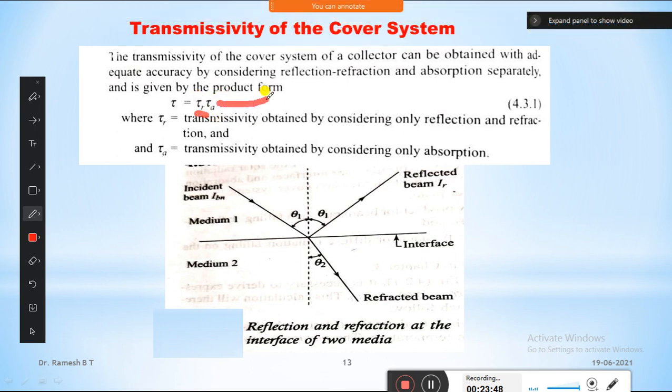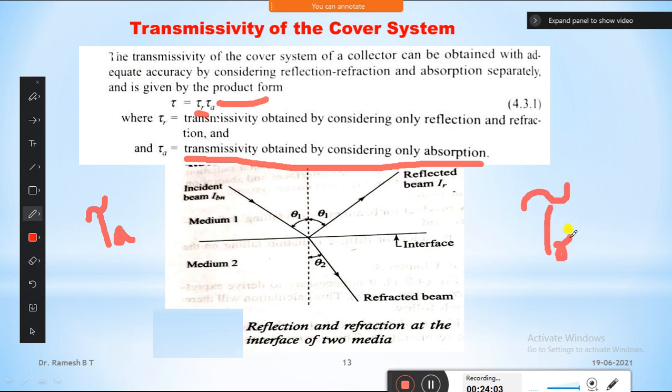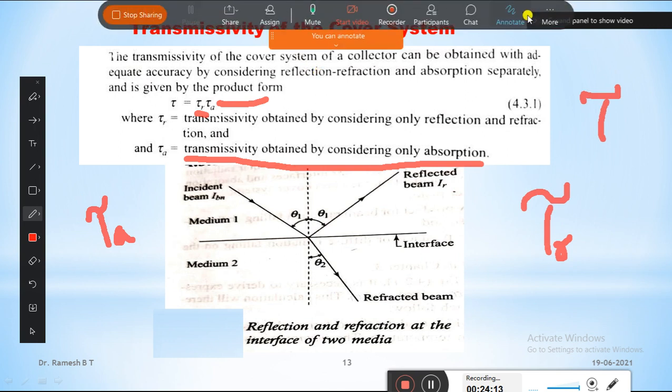Now we are going to discuss the transmittivity of the absorption, the transmittivity obtained considering only absorption. That is tau a. We already got the value of tau r. If you multiply these two, we will get the tau value, that is the transmittivity of the cover or of that device. Now we are going to find the value of tau a.